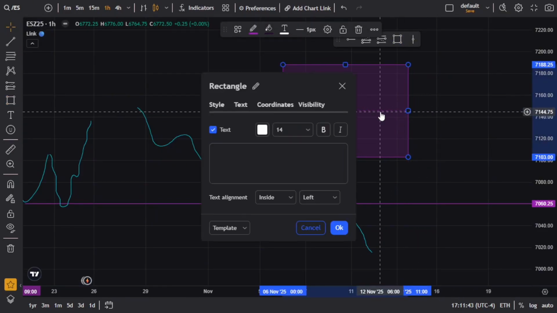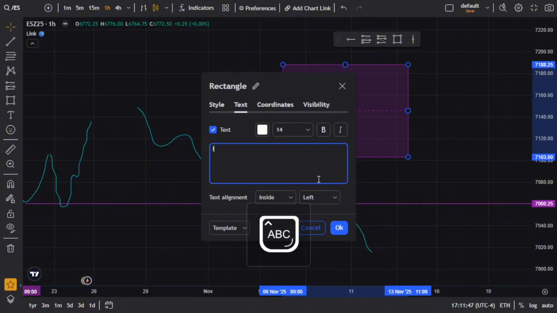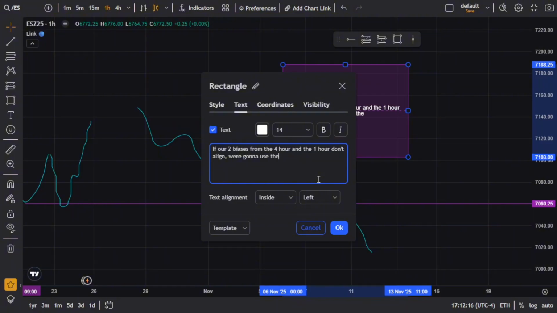If our two biases from the 4 hour and 1 hour don't align, we're gonna use the 15-minute time frame for our break of structure.